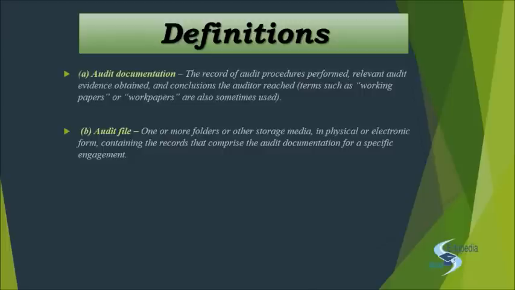It is always said that the audit documentation that is prepared has to be prepared in such a manner that it is sufficient to enable an experienced auditor to understand what he wants to. It will enable that experienced auditor to understand the nature, time and extent, the result, the significant procedures performed and everything.